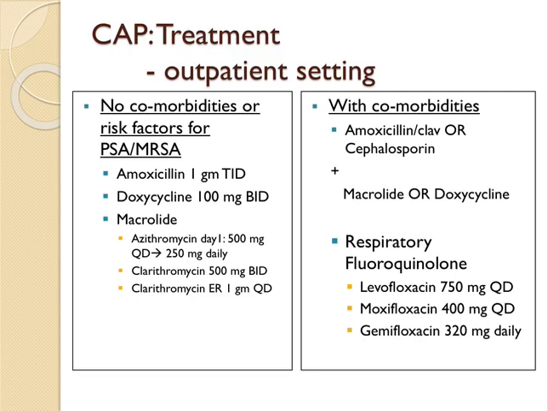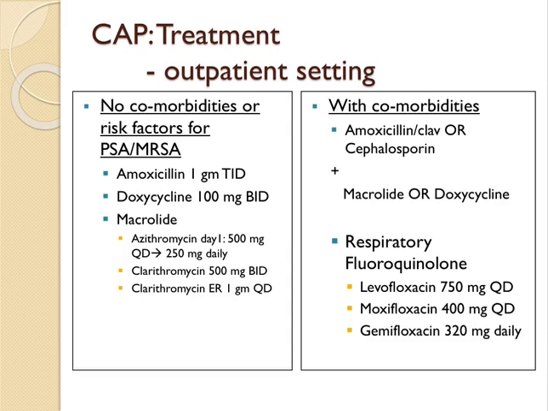And the guidelines state that in the patients that have no significant comorbidities or risk factors for Pseudomonas or MRSA, you can use one of the following regimens: amoxicillin 1 gram TID, doxycycline 100 milligrams BID, or a macrolide as listed below.